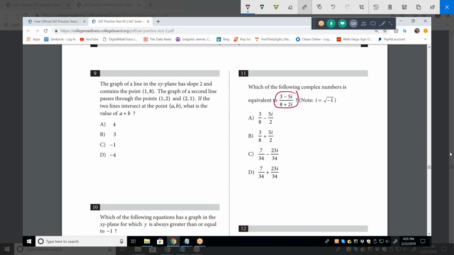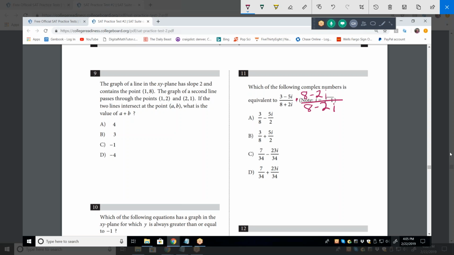Great. That's exactly right. So I'm going to multiply that by what? By 8 minus 2i. Well, not quite. In other words, I can only multiply a fraction by the number 1. Oh, yes, so 8 minus 2i over 8 minus 2i. Exactly.